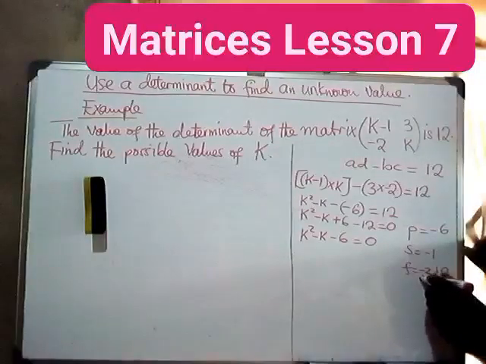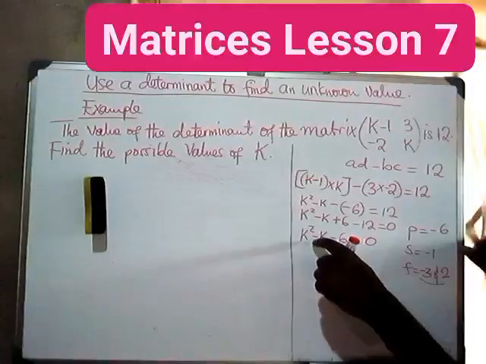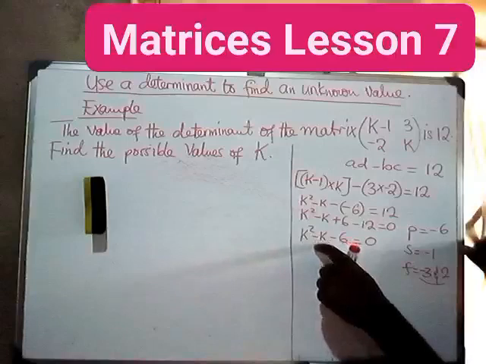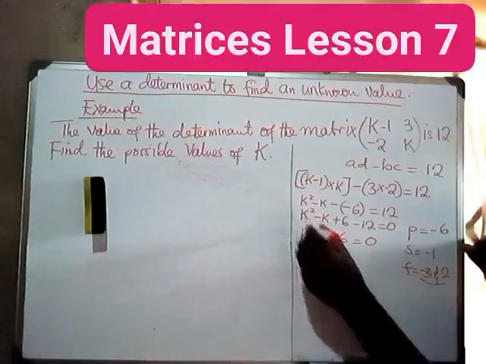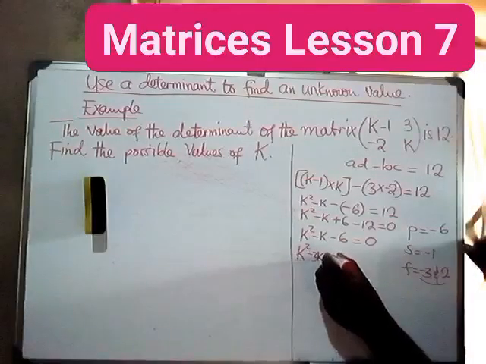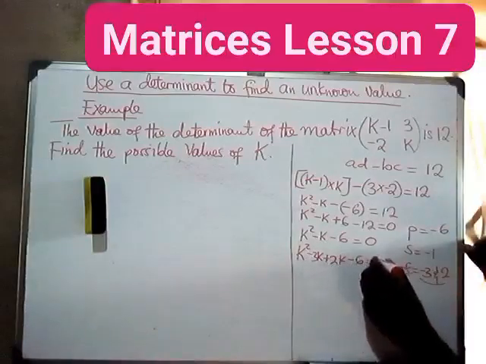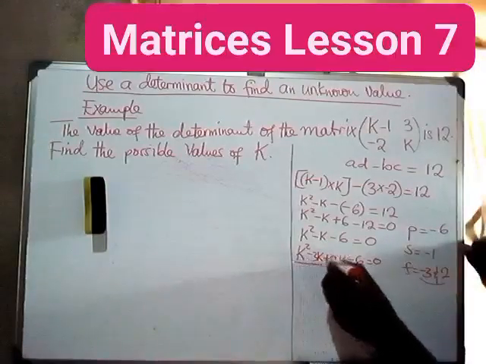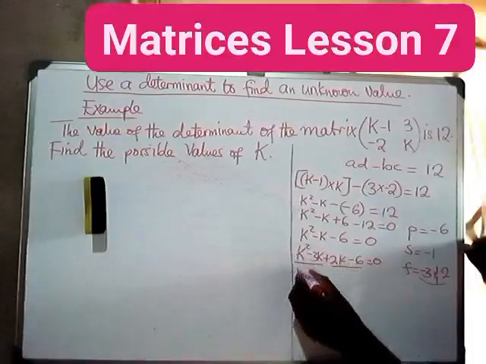So after doing this, we are going to replace this with negative 3 and positive 2, the coefficient of k. So we are going to have k squared minus 3k, then plus 2k minus 6 is equal to 0. Then we factorize the two separately. Which one is the common factor there?